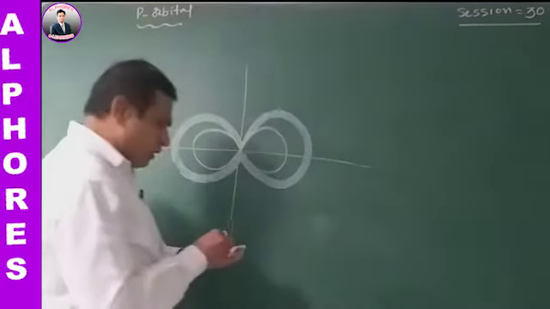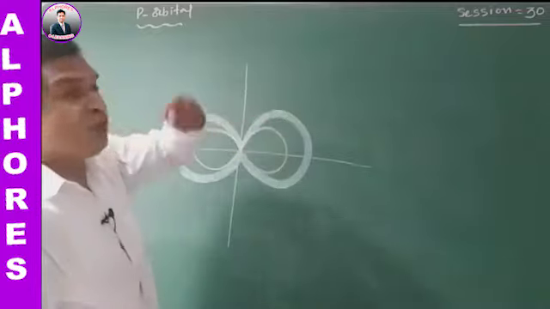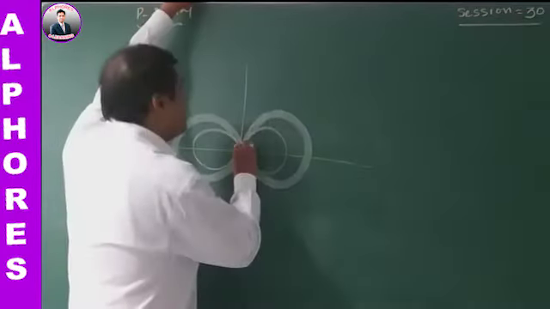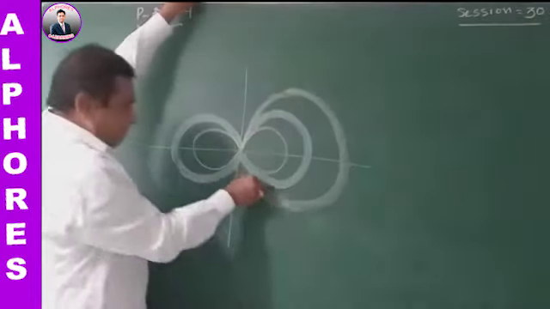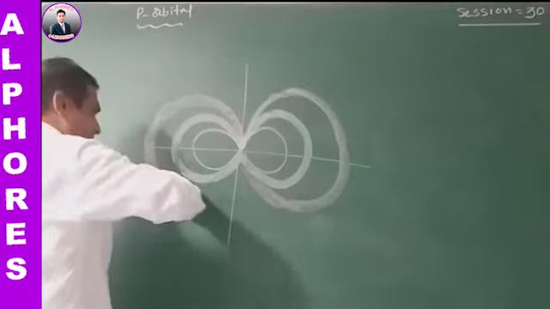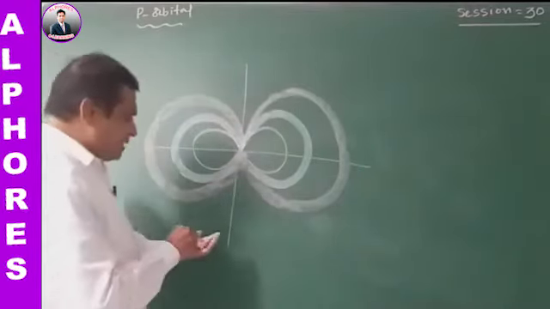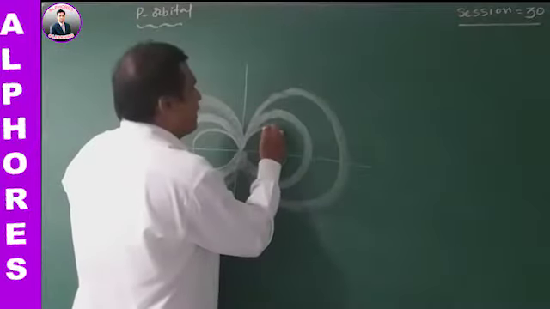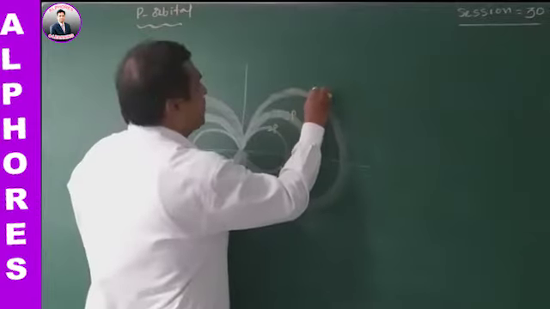And let us write one more, 4p orbital, that is a little bigger than the 3p orbital dumbbell, because every p orbital has a dumbbell structure only. Okay, now let us label it. So this is 2p orbital, and it is 3p orbital, and it is 4p orbital.